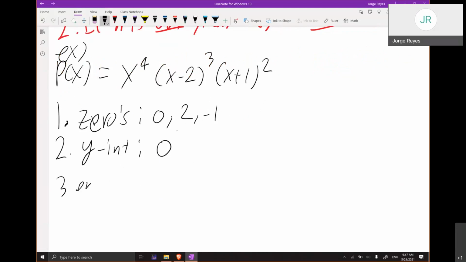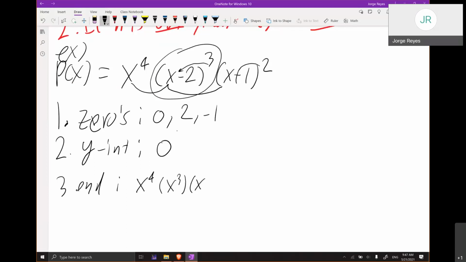And the end behavior, so the leading term, you're going to have to do some serious multiplication here. But it's going to be x to the 4th. Okay, this thing, I'm going to partially cube. So I'm going to multiply an x cubed here. And same here. Okay, so the leading term is actually going to be x to the 9th power.